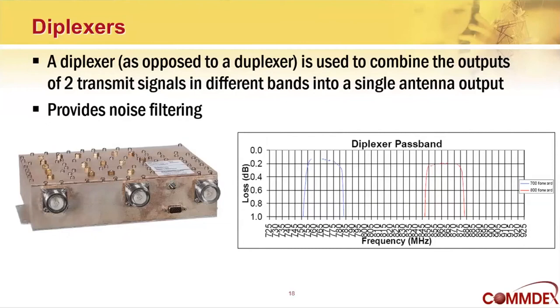So in this case, we have a diplexer that can pass both a 700 megahertz signal and an 800 megahertz signal to feed a single antenna port. That's commonly used in the 700 and 800 megahertz band. It also provides some noise filtering. It's basically two bandpass filters together.